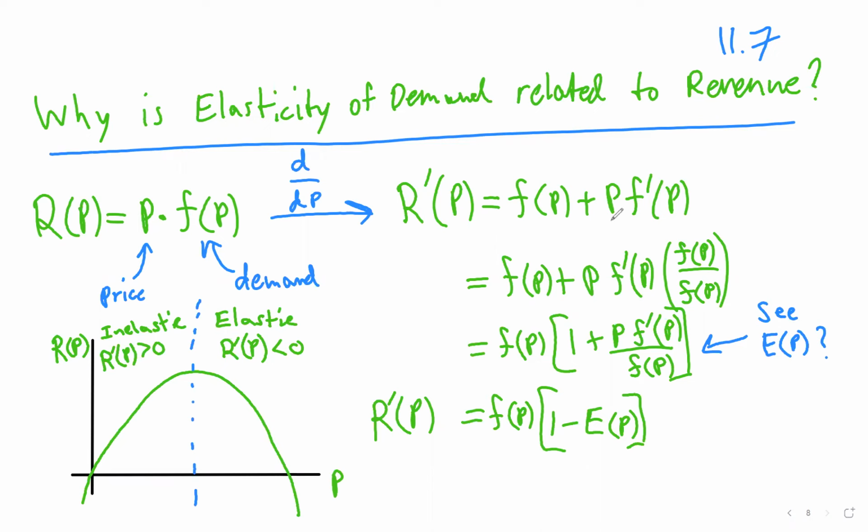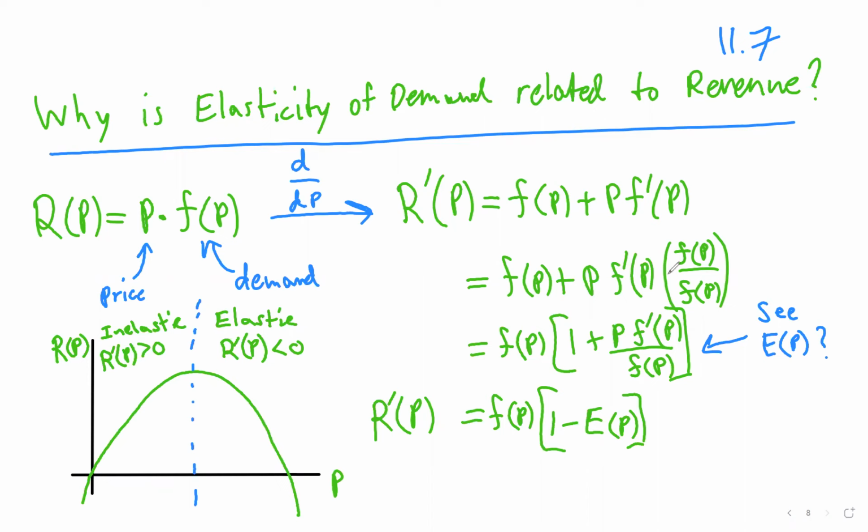Then for the second term of the derivative, we take the first term in the original function, this p, and multiply it by the derivative of the second term, which is d f of p over dp. We would write this as f prime of p. That's how you should say it. There we go. Which comes out for the second term as p times f prime of p. Now that we've got this, we can do some algebra and multiply the second term by f of p over f of p.